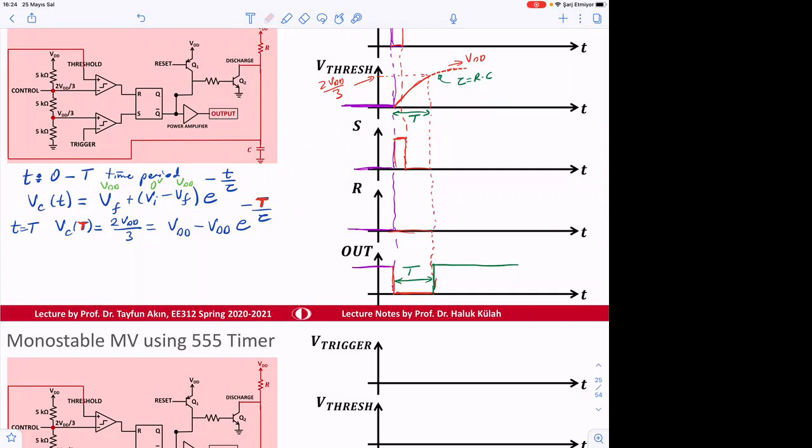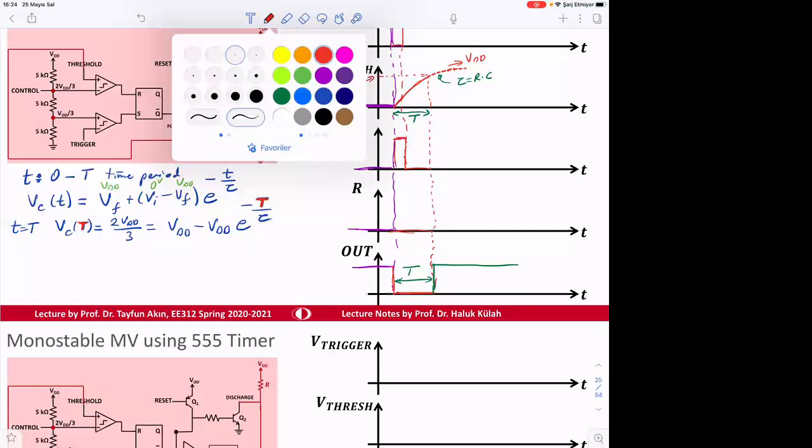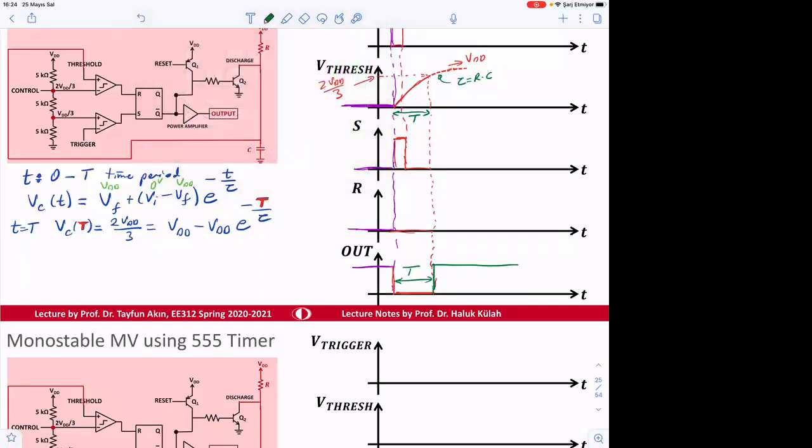If you do this math here, you can see that the equation is T, or maybe I should do it in red.